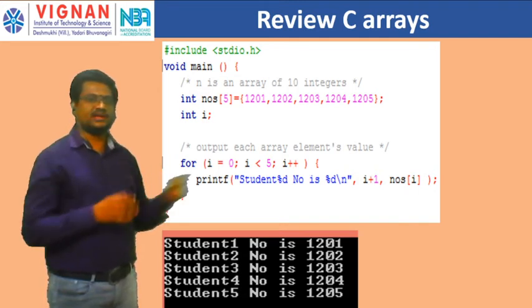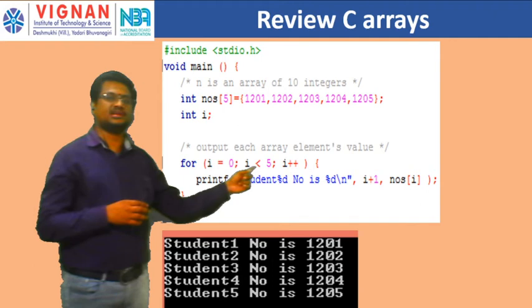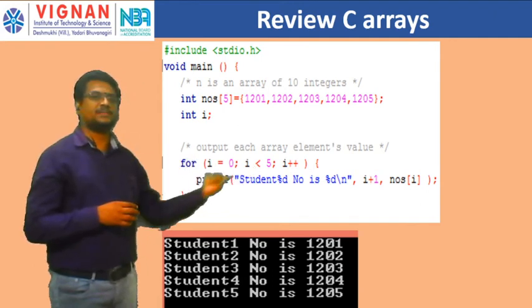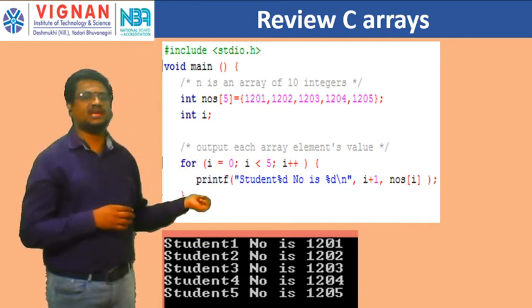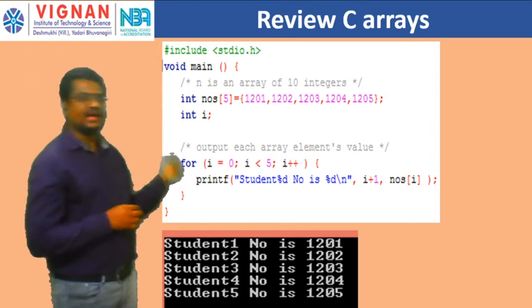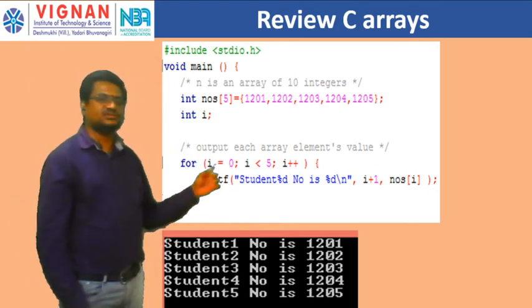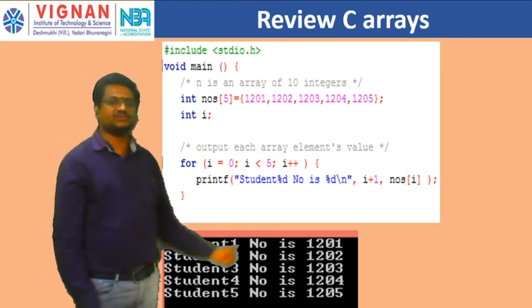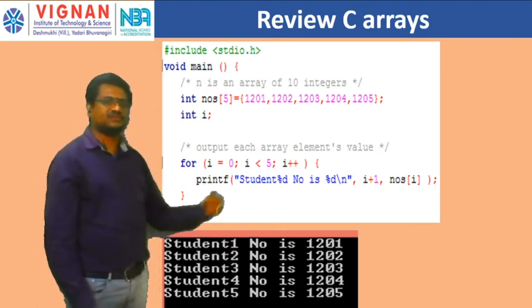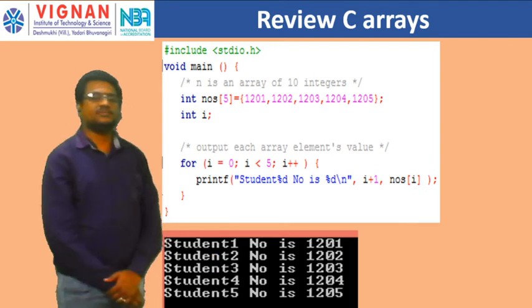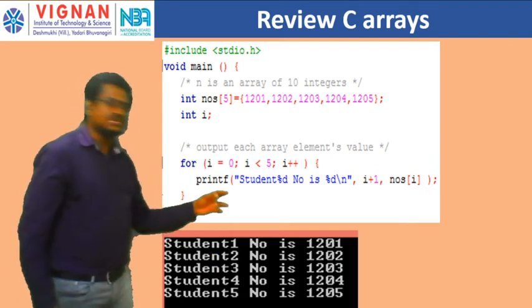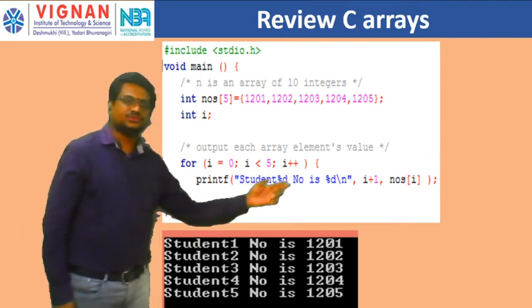Am I right? If I put less than or equal to, it represents 6 elements, so it will give an error message. I have 5 elements only, that's why I put i less than 5. If I execute this program, student 1 number is 1201, student 2 number is 1202, like that will be printed. See here is the accessing.